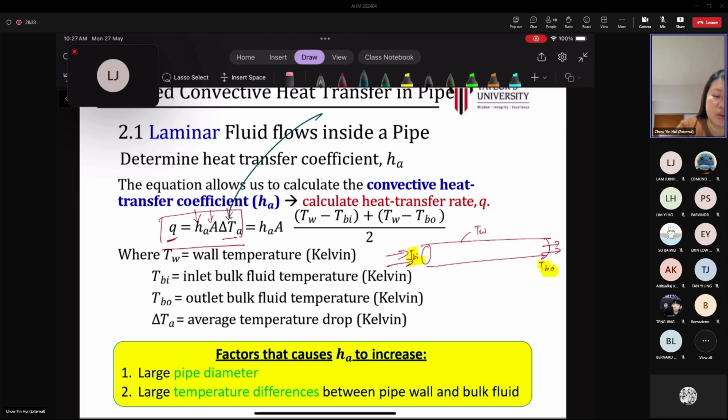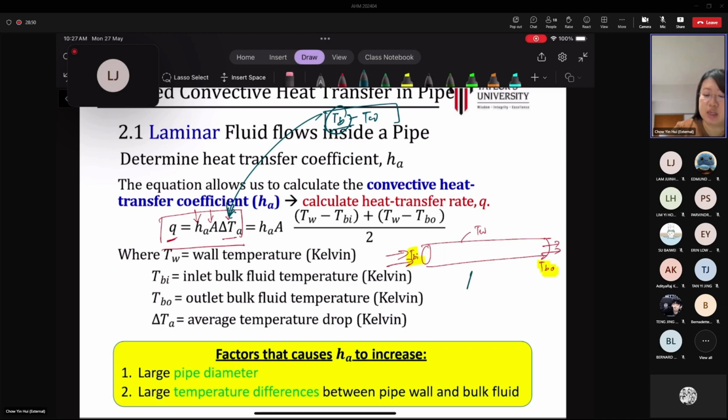Most of the time, when we do the calculation, we use the bulk fluid temperature minus the wall temperature, assuming the bulk fluid temperature is constant throughout the pipe.